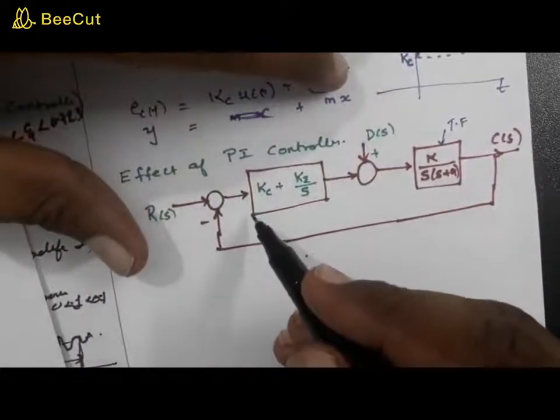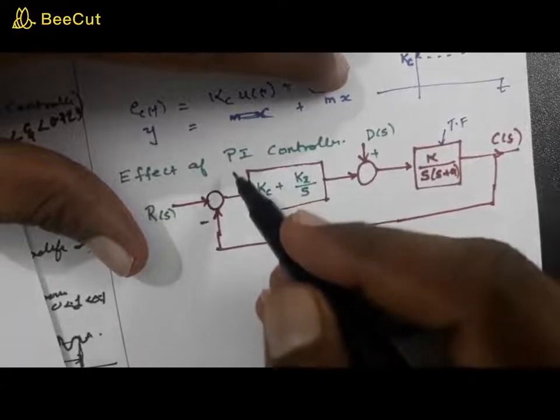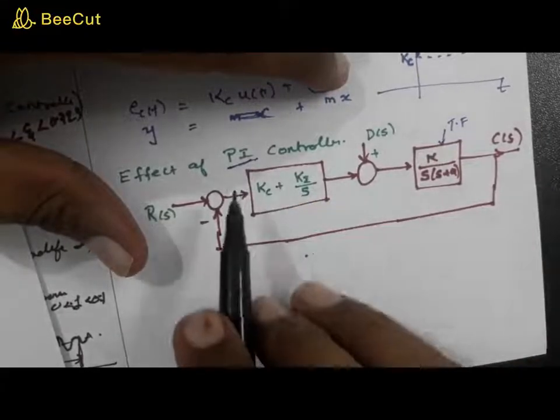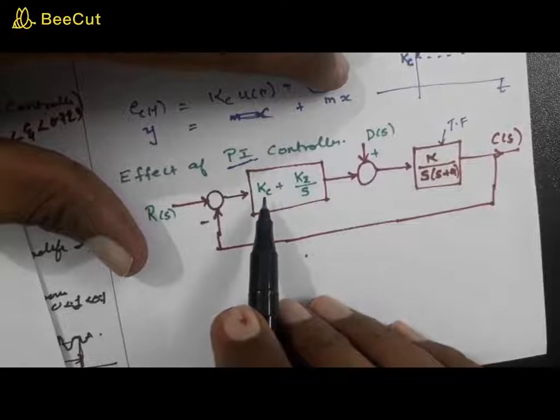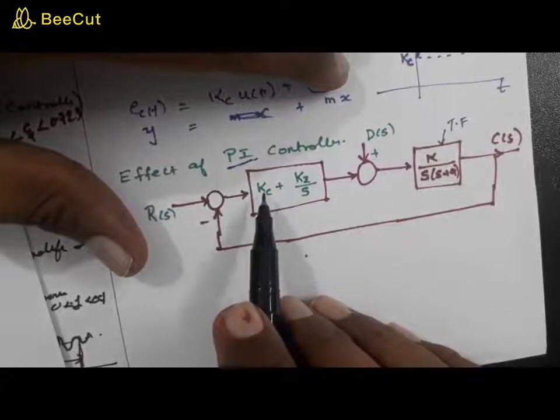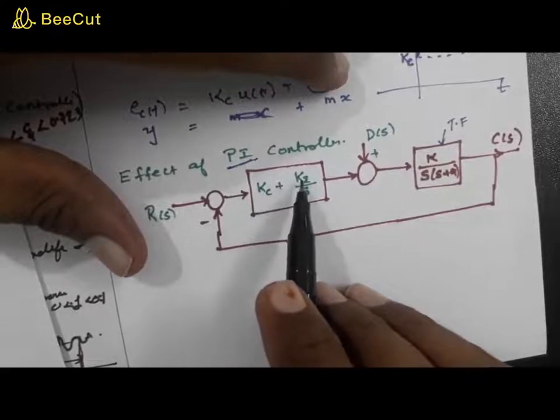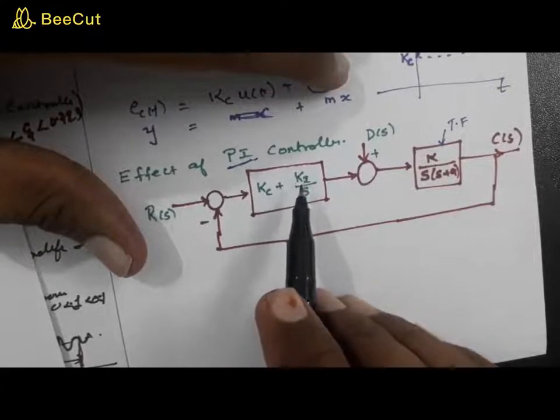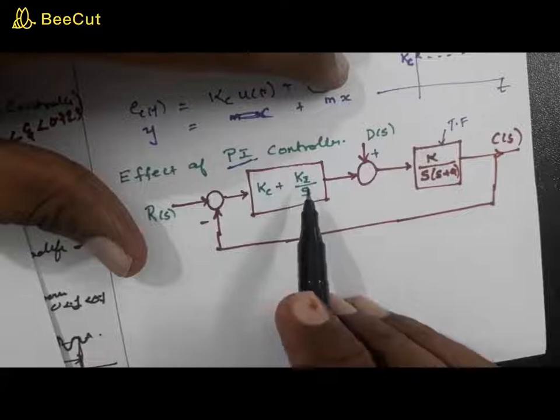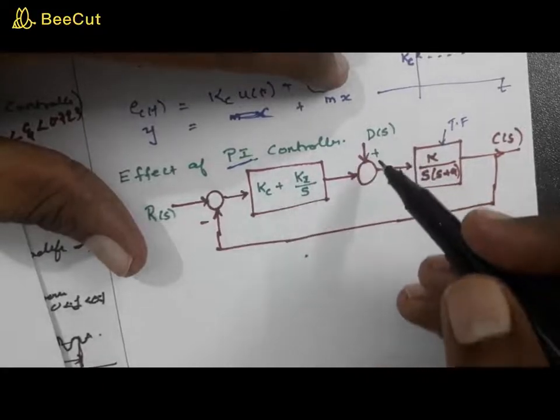Along with this you are attaching a controller, a PI controller. This is a proportional integral controller, therefore it can be represented by Kc, the proportional gain, while Ki by S is the integral gain, and this is a disturbance.